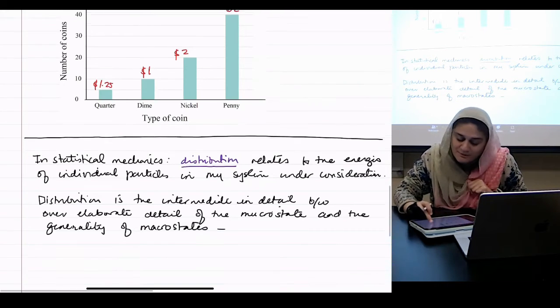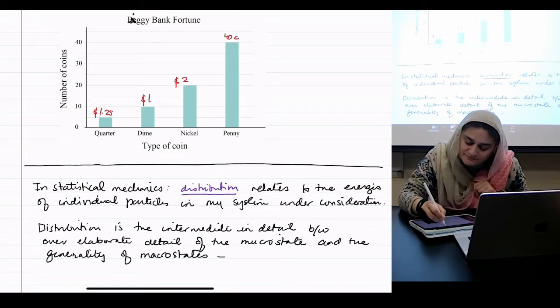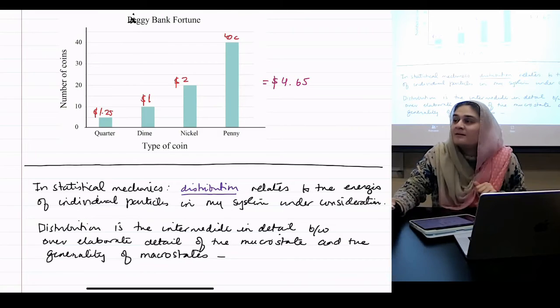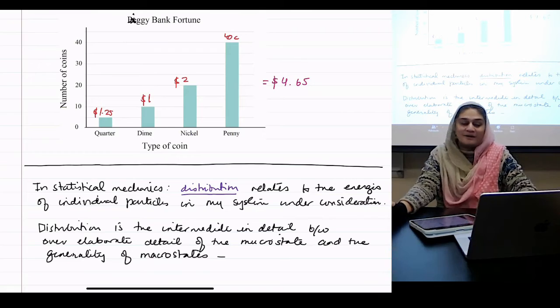And then what's the total amount? $4 and how many cents? 65 cents. That's your macrostate. Okay, very good.